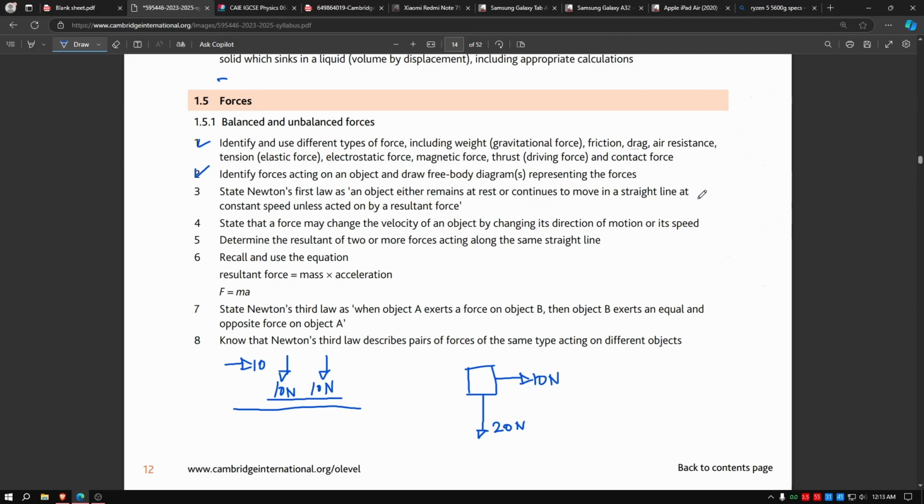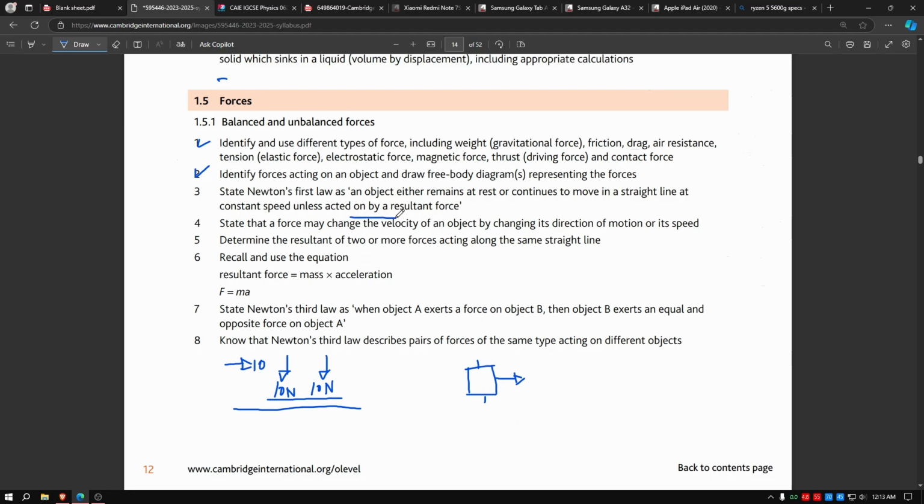So an object, a box, let's just assume, if it is stationary, if it is not moving, it will stay at rest. If it is moving towards the right, it will keep moving towards the right until it is stopped by a resultant force. It will keep moving in a straight line. If it is moving upwards, it will move up. If it is moving down, it will keep moving down unless it is acted on by a resultant force.